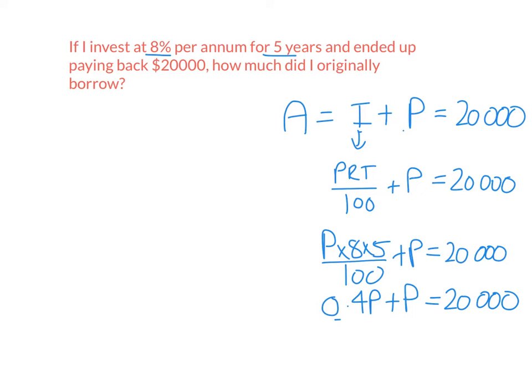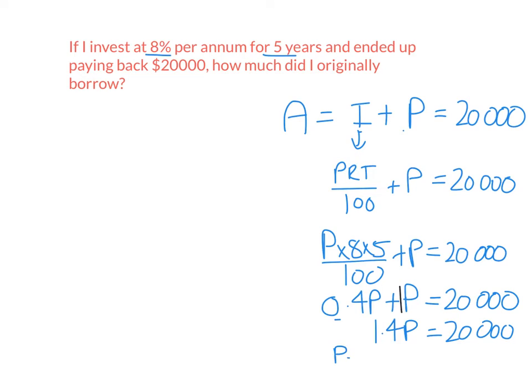So let's solve this equation. So 0.4P plus P, remember P is the same as 1P, so I get 1.4P is equal to $20,000. So this is just an equation like we've seen millions of times. If I want to undo what's done to P, I undo multiplying by 1.4 by dividing by 1.4.